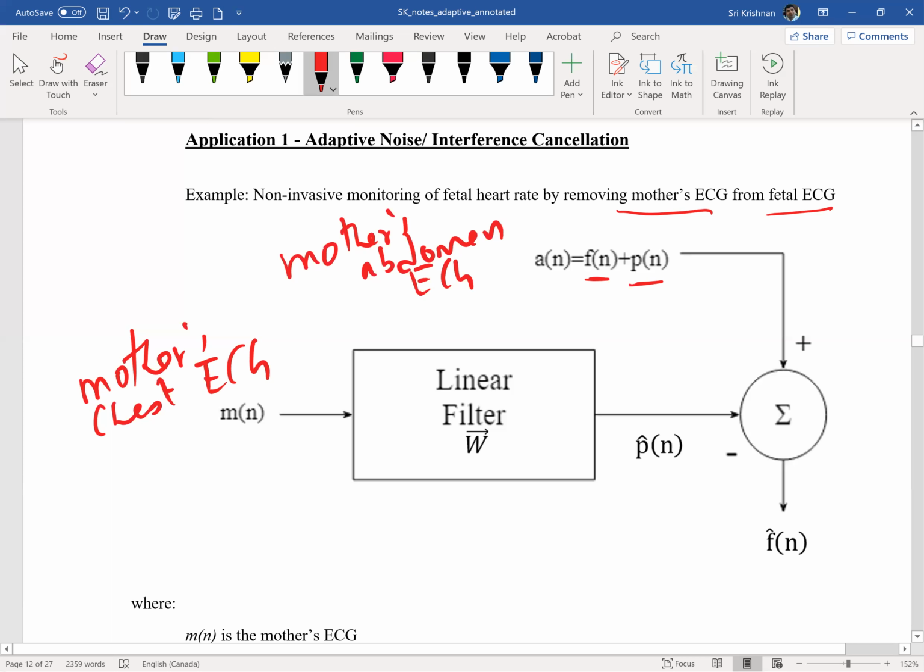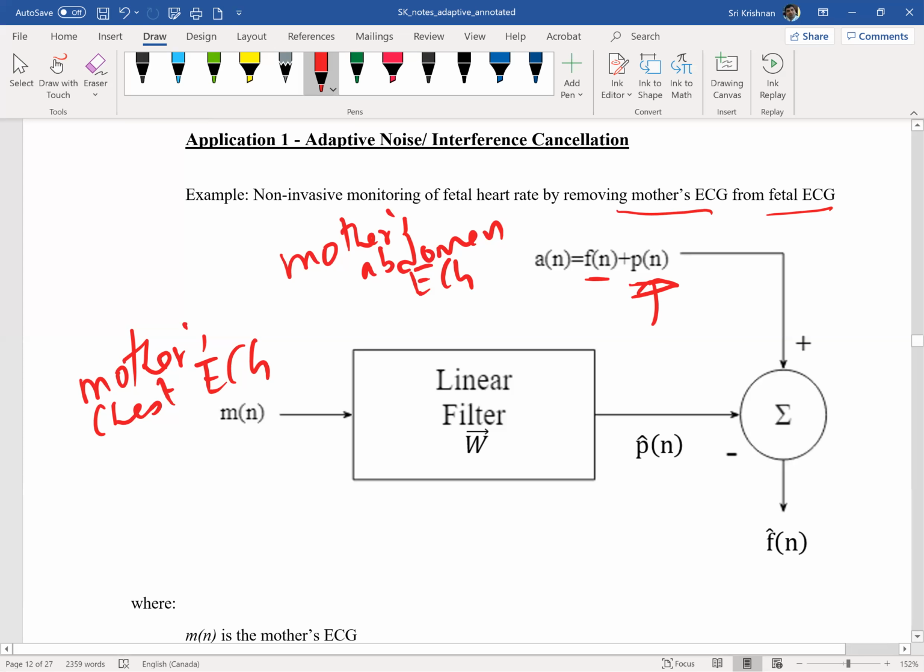The mother's ECG, which is very dominant at the chest, M of N, has some attenuation, but that signal is still present at the abdomen. Its amplitude gets reduced and delayed when we detect it at the abdomen, but P of N is a very strong source of interference when we are trying to determine the fetal ECG. So the key idea here is to remove this P of N by using the adaptive filtering concept and retain F of N, the fetal ECG, as much as possible.